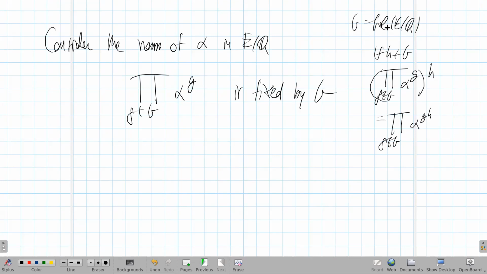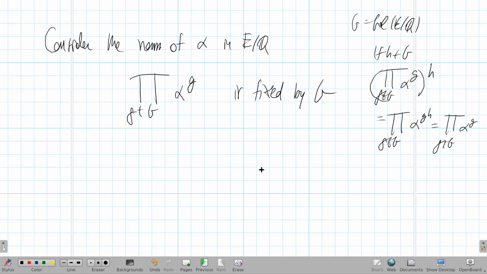H is an isomorphism of E over Q, and of course this is the same product, because by multiplying G by H, you're just permuting the elements, but you still have the same. So this is fixed by the Galois group.